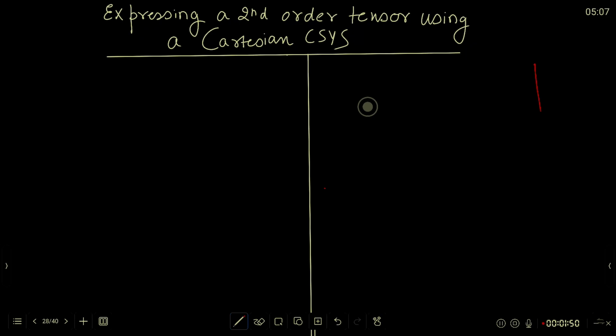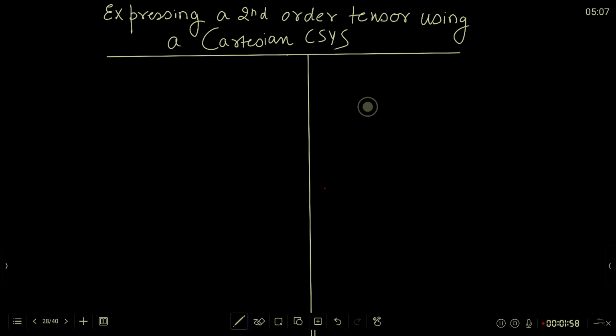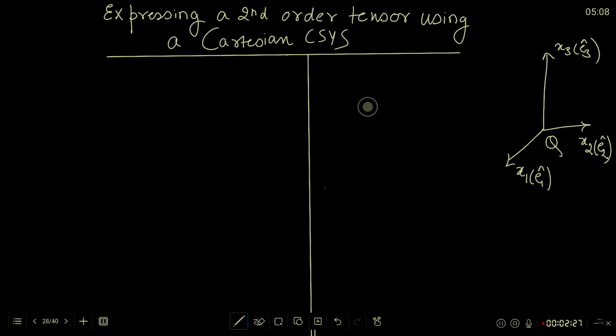So suppose I have this Cartesian coordinate system. Okay. The origin of the coordinate system is at Q, and E1, E2, E3 are the basis unit vectors.